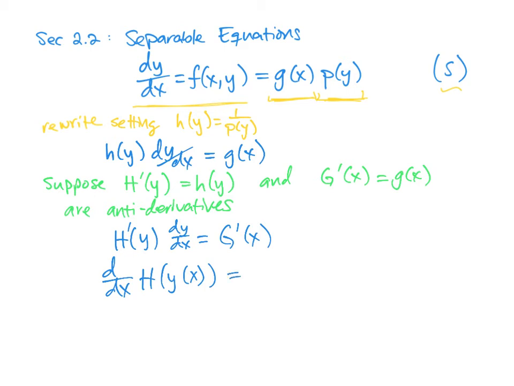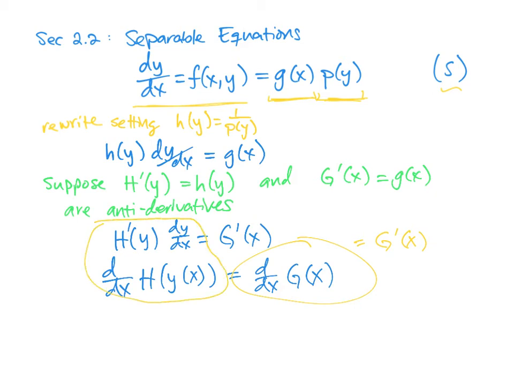And then on the right-hand side, I'll write it this way, d dx of big G of x. That's just another way to write big G prime. So let me clarify. So this equals G prime of x, just a rewrite. And then this part here is chain rule.